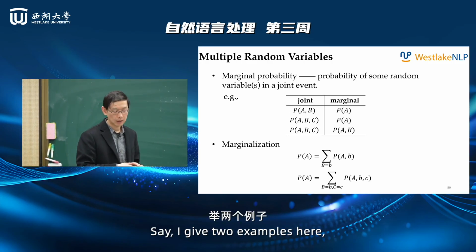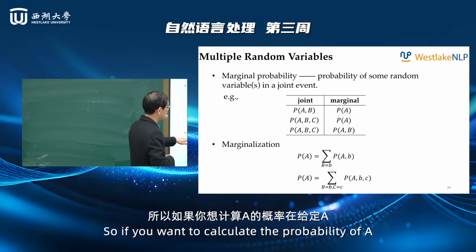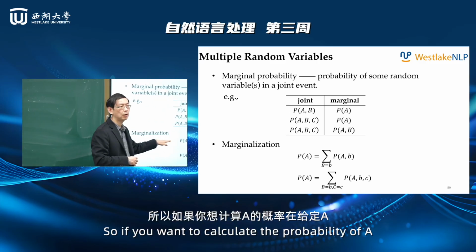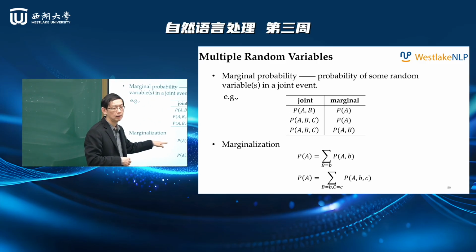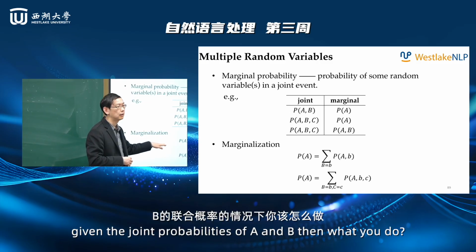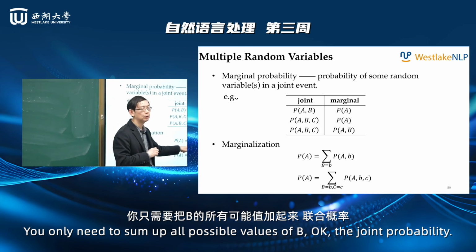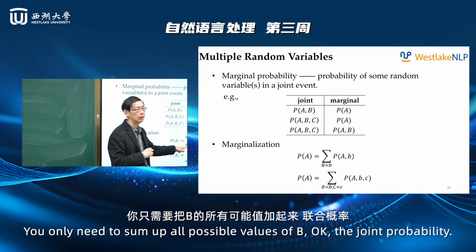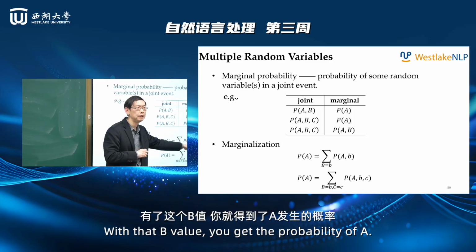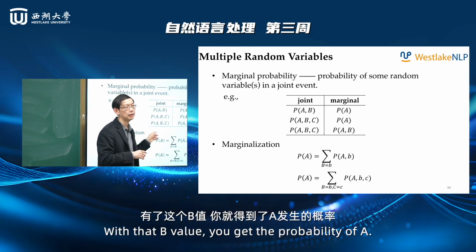I gave two examples here. If you want to calculate the probability of A given the joint probabilities of A and B, you only need to sum up all possible values of B. The joint probability with that B value, you get the probability of A.